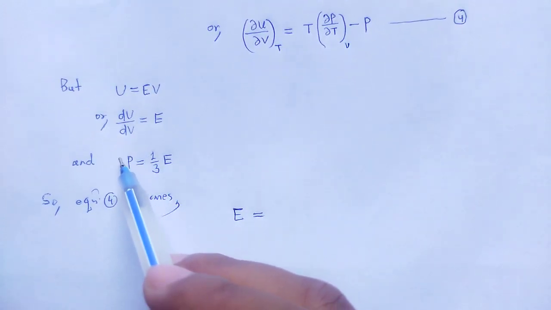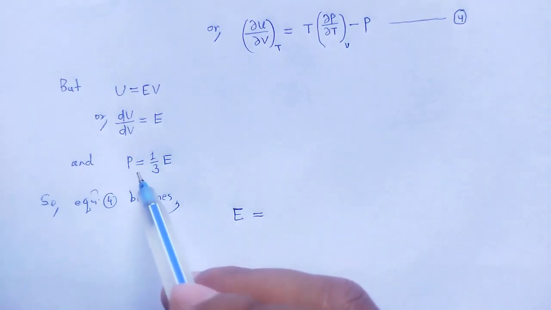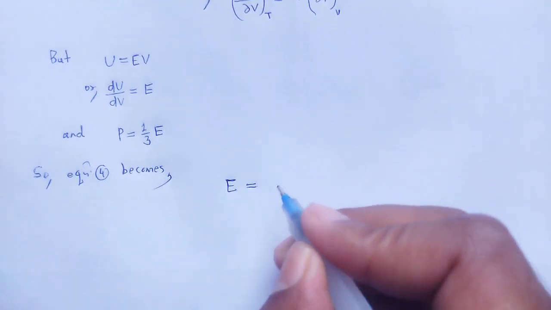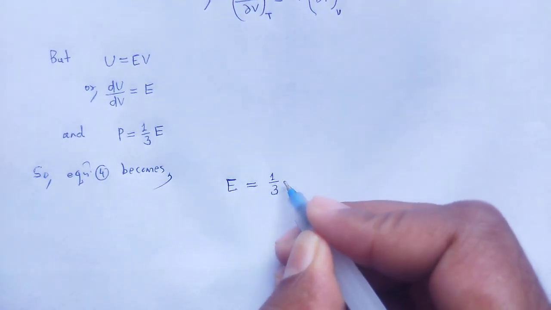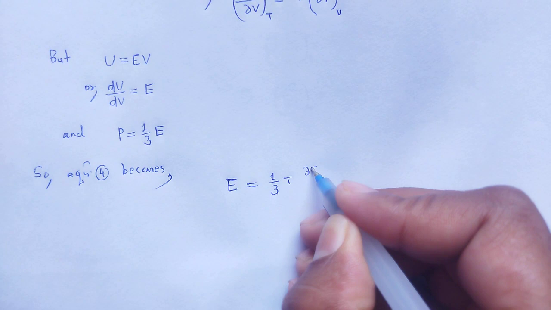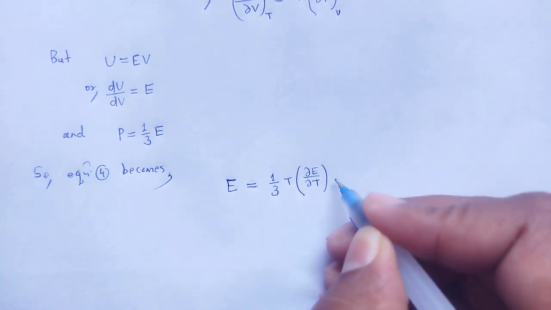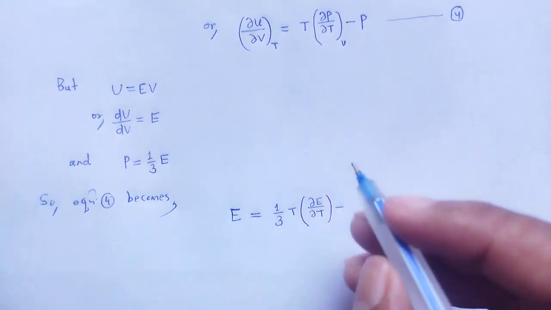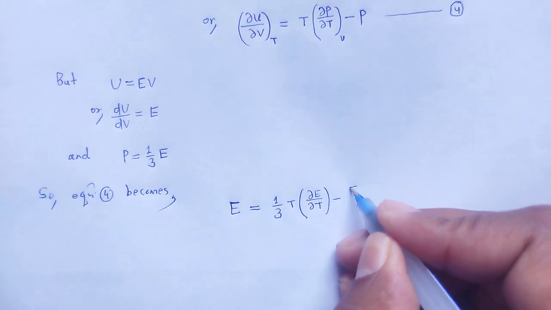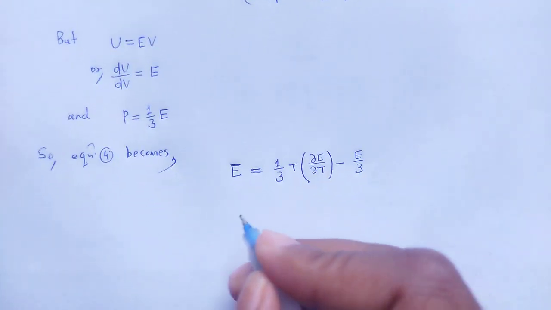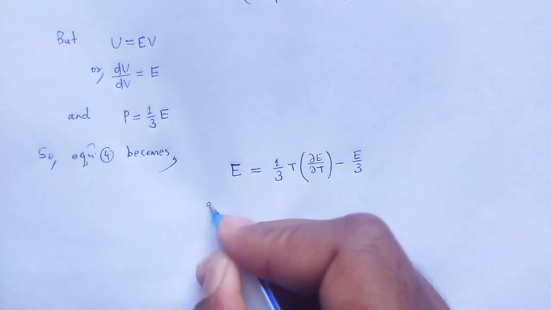If we differentiate it with respect to T, we obtain 1/3 T ∂E/∂T minus, in place of P, E/3. Now it can be easily solved.